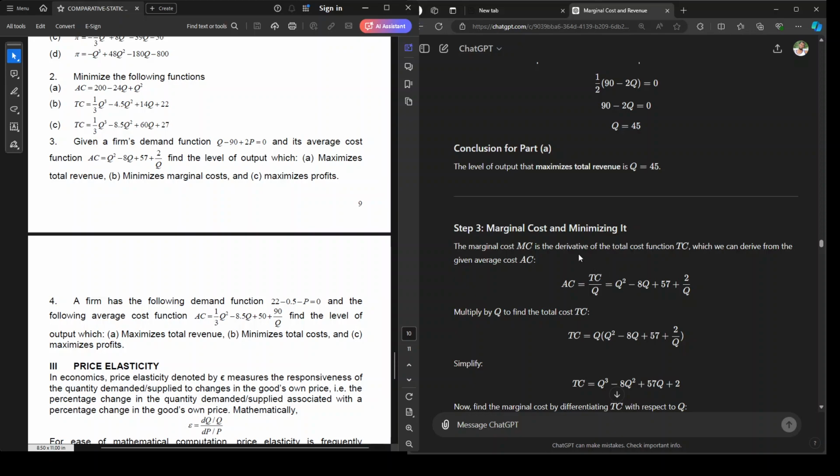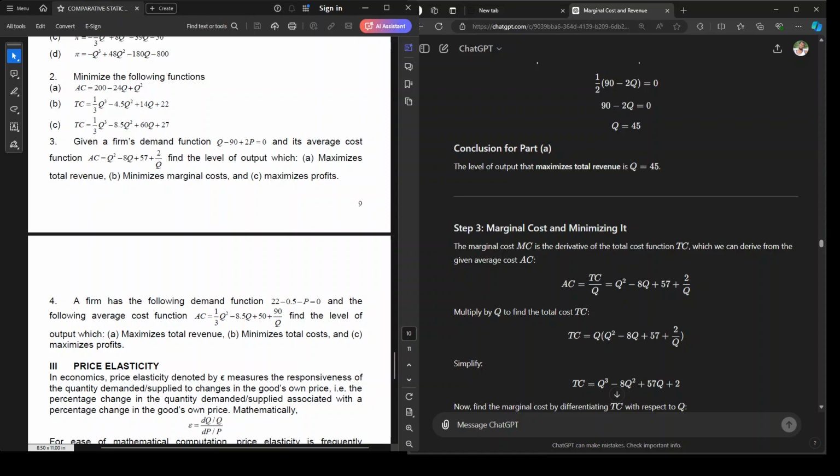So then marginal cost and minimizing it. So AC, average cost, and MC, marginal cost, and the marginal cost is the derivative of the total cost. I think we mentioned that. Since we have AC and we want MC, what do we do? We have this equation which is given.